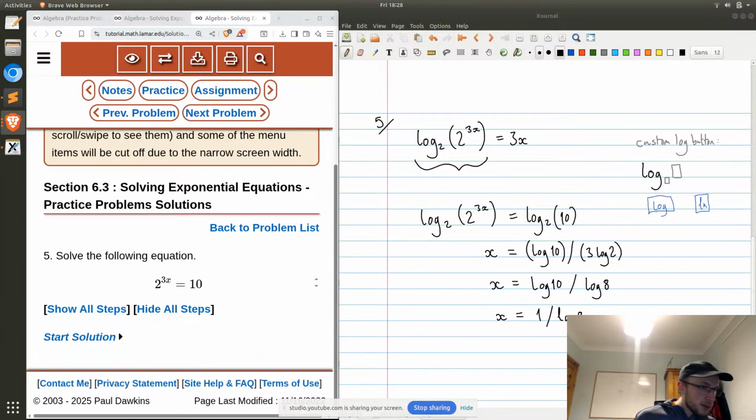Let's now calculate. Where's my calculator? Right there. So we get around about 1.1073.